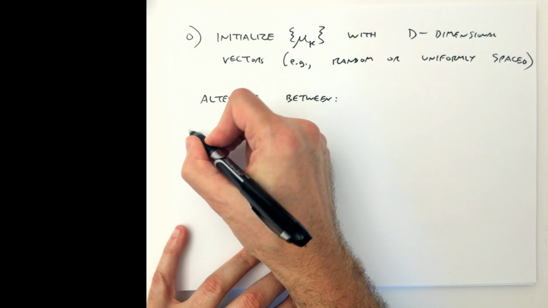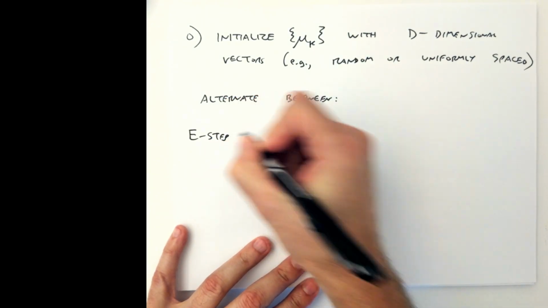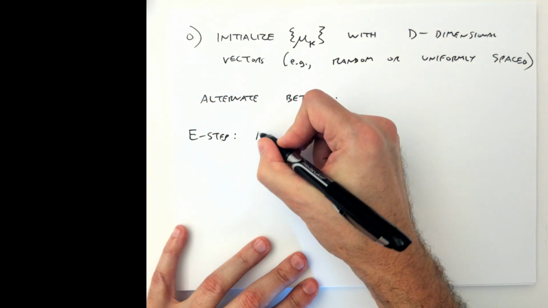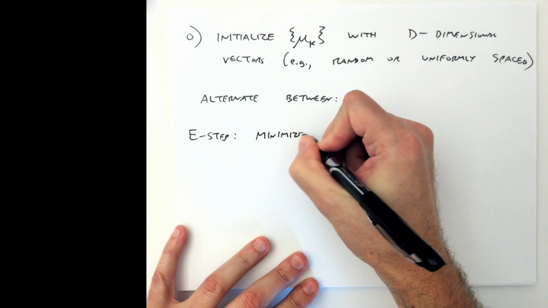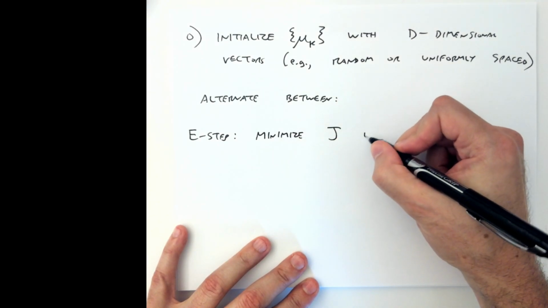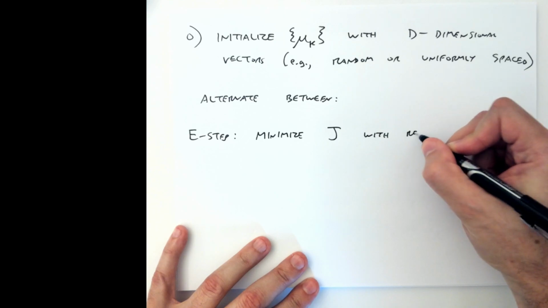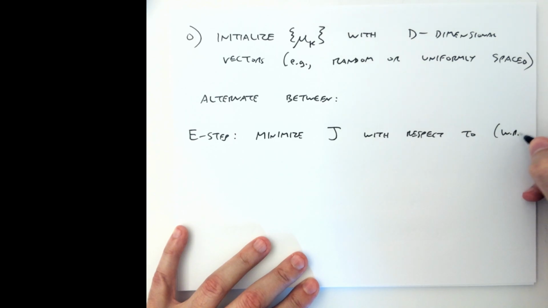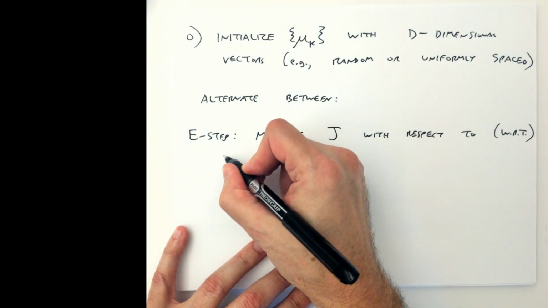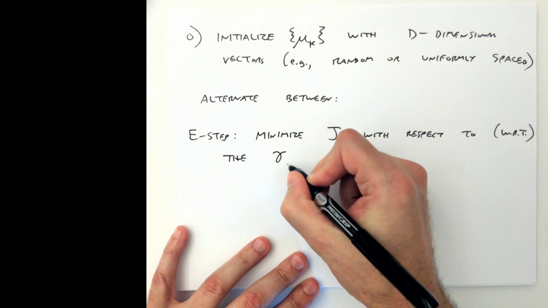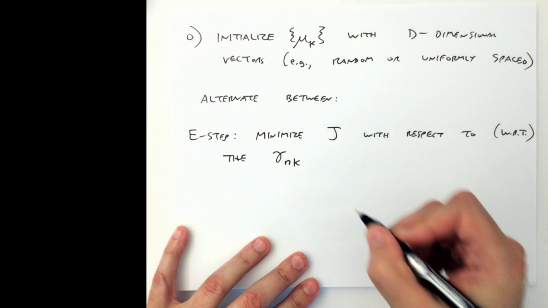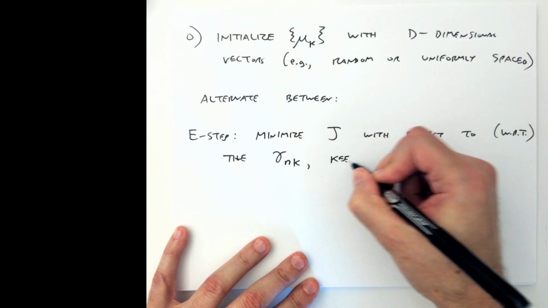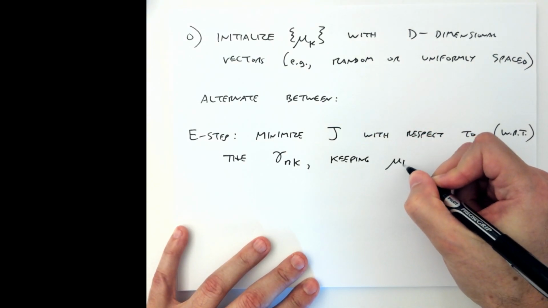We call the E step: minimize J with respect to, and a lot of times you'll see me abbreviate this as WRT just to save time, the assignments, keeping the mu k fixed.